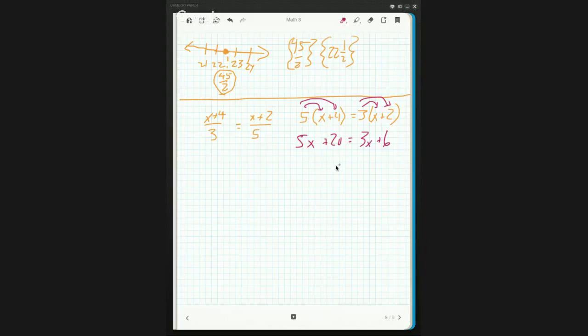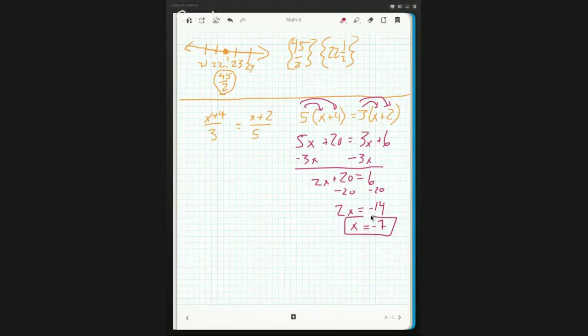I'm going to get my x's on the left side here, so let's subtract 3x, and we get 2x plus 20 equals 6, minus 20, minus 20, 2x equals negative 14, x equals negative 7.